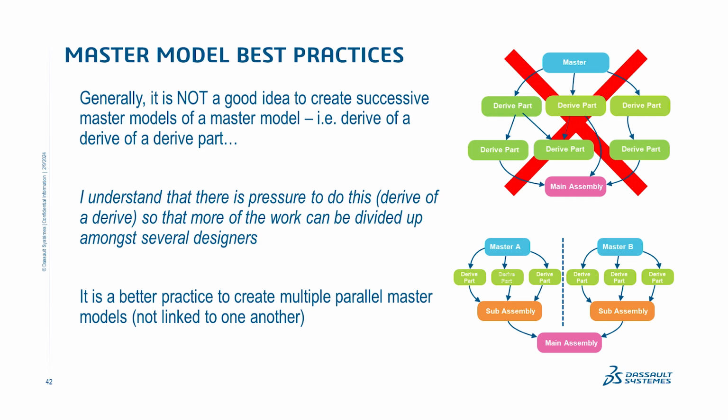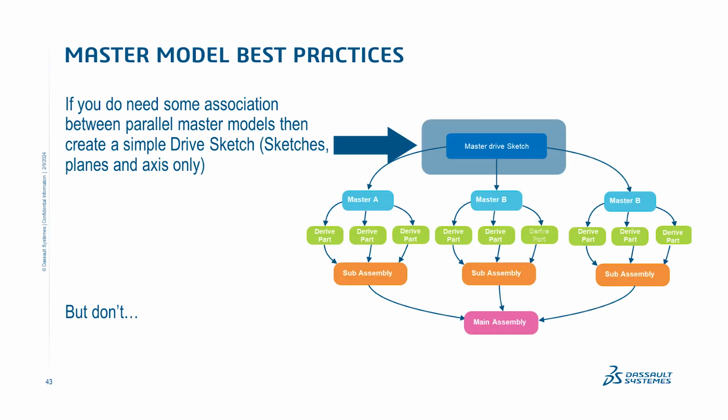It makes things more sane, and it addresses that big problem I cited, where you have a large group of designers and they all need to work concurrently. If you start breaking up into parallel masters, you're going to be able to do that more effectively.